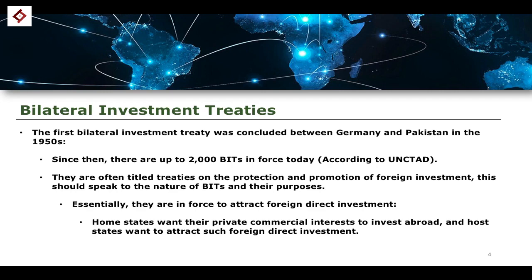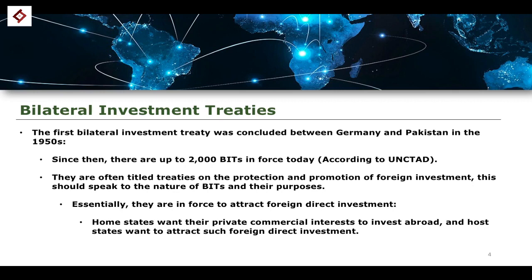Now, the reason why this is important is because when we get to dispute settlement and we start to look at, for example, the International Centre for the Settlement of Investment Disputes, the ICSID Convention, we will see that the investor, the private investor, under the bilateral investment treaty between a home state and a host state, has recourse to then go and sue a host state for various breaches of investment protection provisions, often through either fair and equitable treatment or potential unjustified and unlawful expropriation.